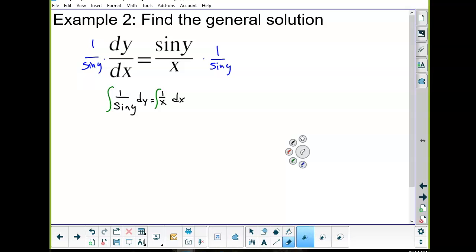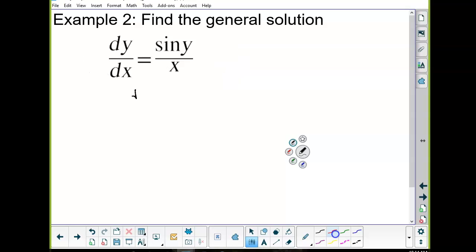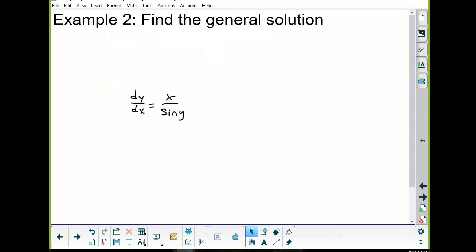Let's do this. I wanted this. I think this should be flipped. Right now it's not friendly. 1 over sine, we can't take the antiderivative of that. So sorry guys. That's what I wanted. After you just wrote all that and changed it twice, we'll change it a third time.